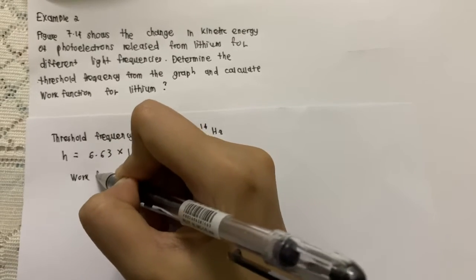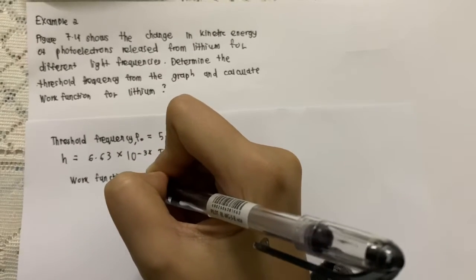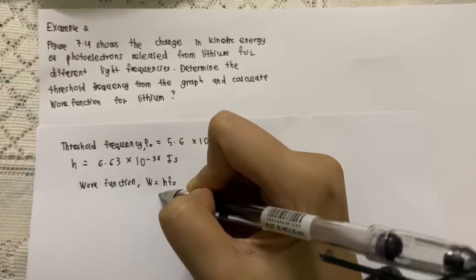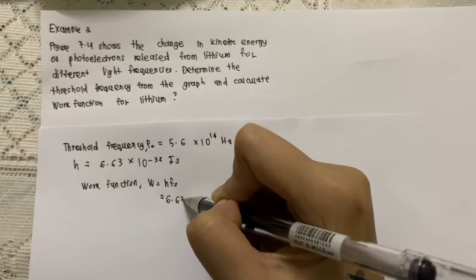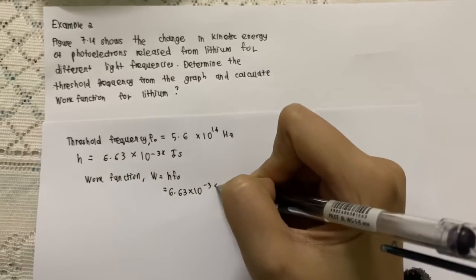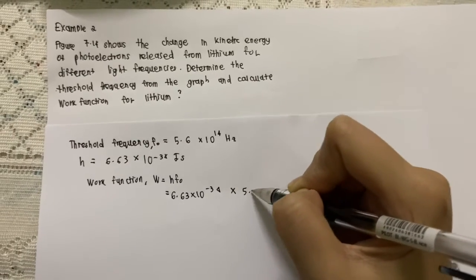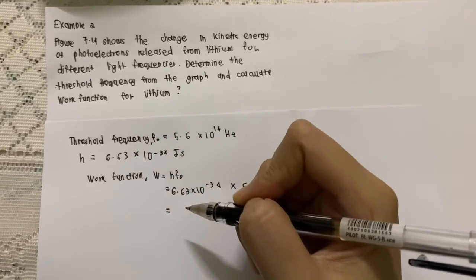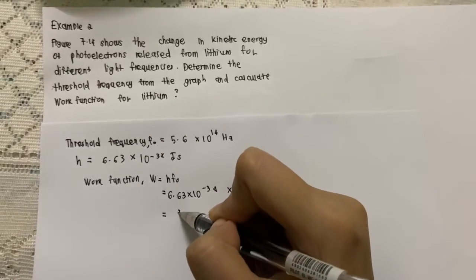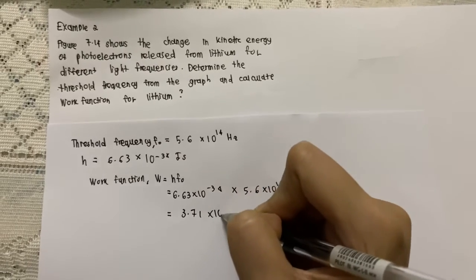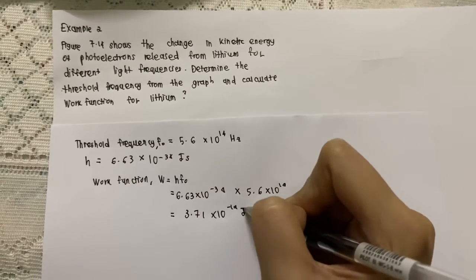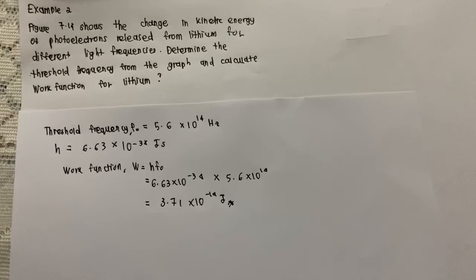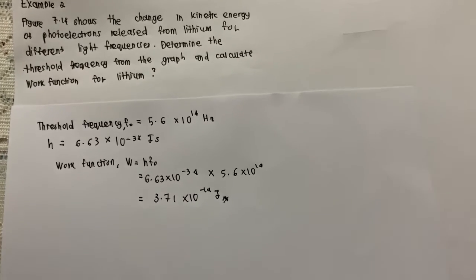Work function W equal to h f naught, therefore 6.63 times 10 power of negative 34 times 5.6 times 10 power of 14. We can use the calculator, and the answer is 3.71 times 10 power of negative 19 joule. This is the work function at the threshold frequency 5.6 times 10 power of 14 Hz.